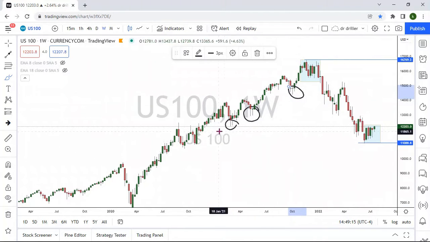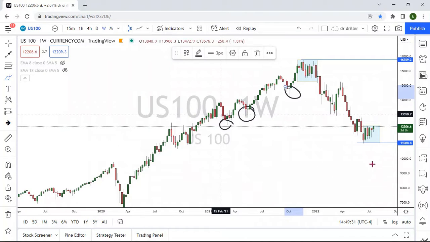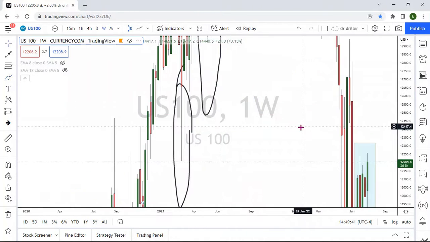If you look at these marked out areas, you are able to tell that whenever the market went bullish, it formed candlesticks with long wicks beneath them. So that's what we should look at before concluding anything, right?